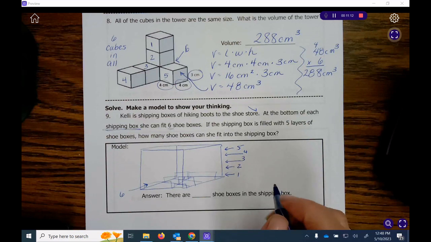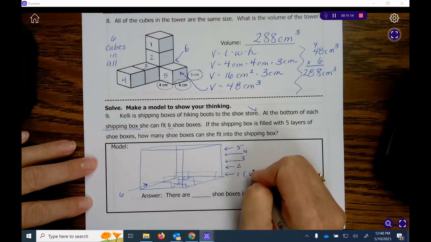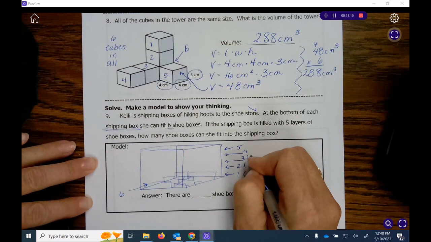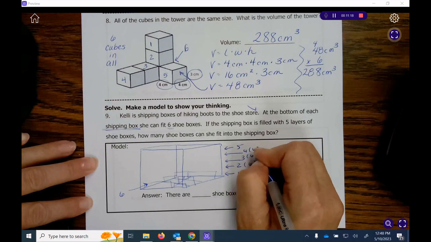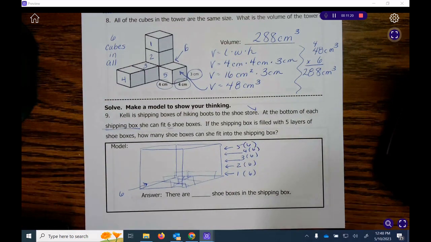Okay, and in each layer there's 6. So 6, 6, 6, 6, and 6. How many shoe boxes can she fit into the shipping box?